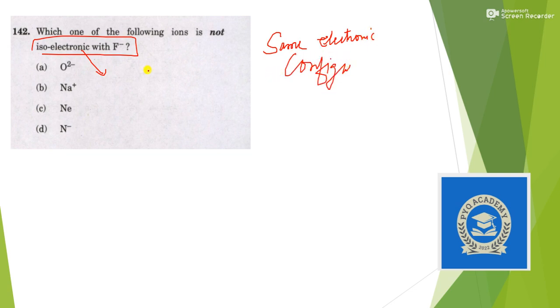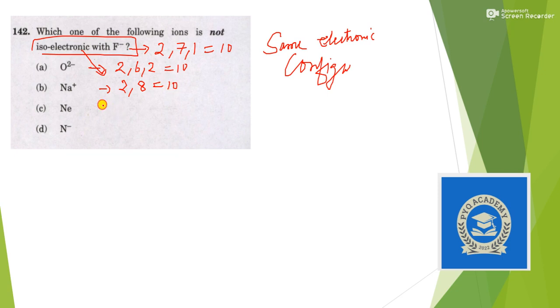So let's start. If we count now for F minus, we get 2 and 7, and for minus sign 1, so there are total 10 electrons. For oxygen 2, 6, and for minus 2, it will become 10. For sodium 2, 8, and it will lose 1 electron, so 10.